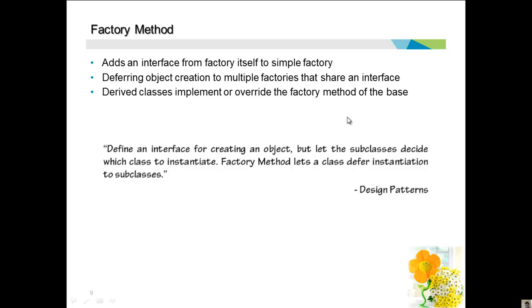Okay, so the major point here is that we add an interface to the simple factory itself, and in our case we are going to refactor the customer factory class to have an interface called iFactory, and later we can defer the object creation to one or many factories implementing the iFactory interface. Earlier we had only one factory to create all types of customers, but now we can have one factory for each customer, which can be used to add special attributes or create subtypes.